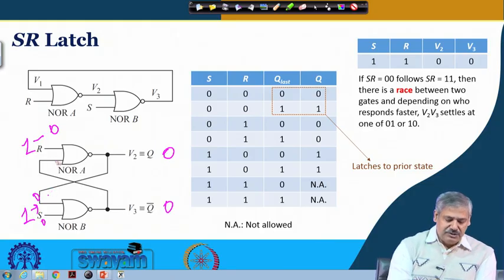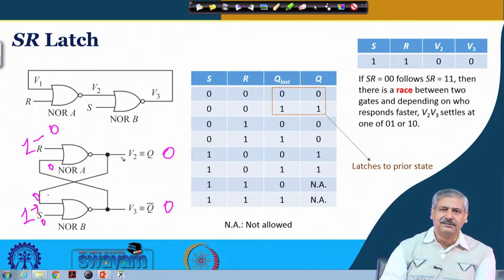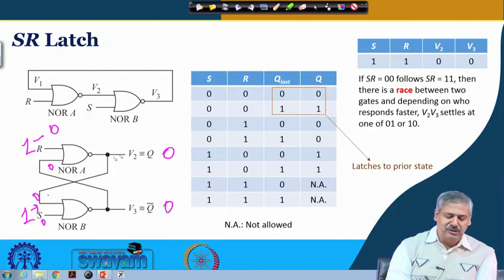Now it depends on which one of them gets the 1 before the other. Ideally, one can say that both of them will get 1 together, so that 1 will go to the feedback to the respective gates, and both of them will become 0.